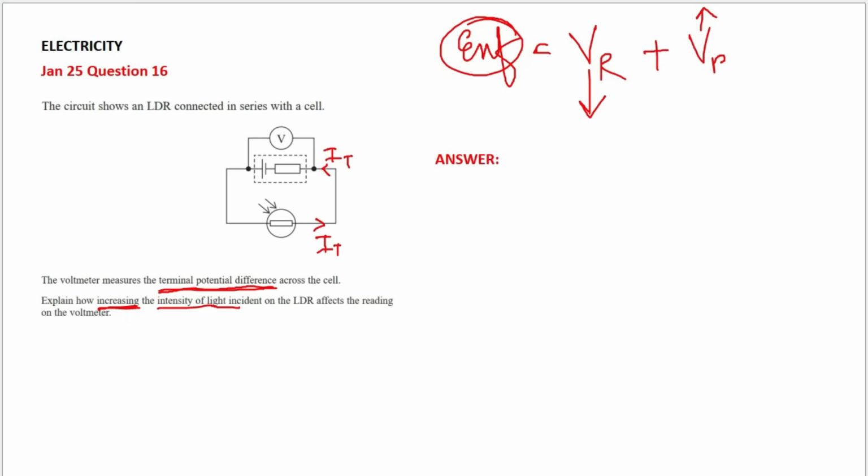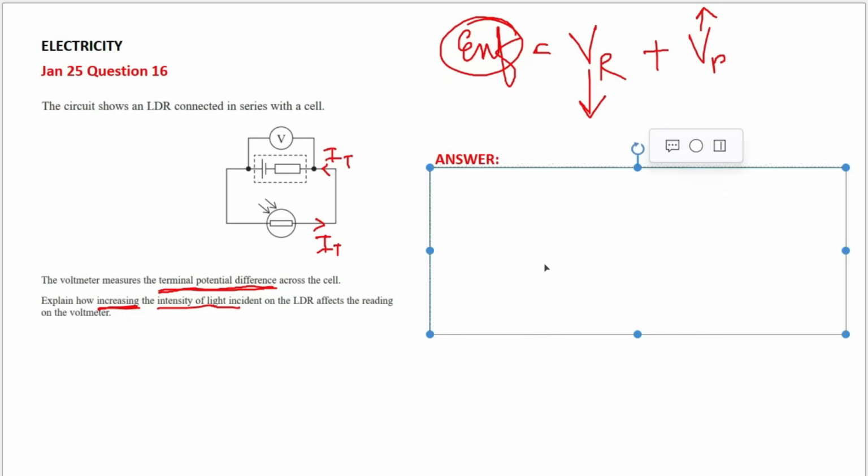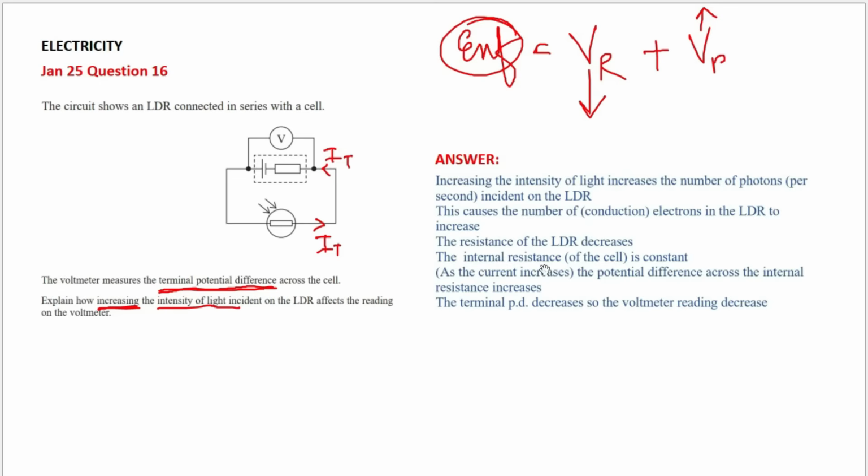Let me show you the answer. Increasing the intensity increases the number of photons per second incident on the LDR. For 6 marks, you have to introduce this concept as well. This causes the number of conduction electrons in the LDR to increase. The resistance of the LDR decreases. You know why I started with this, guys?